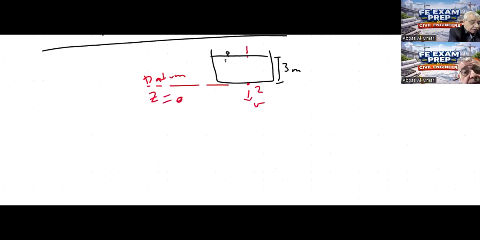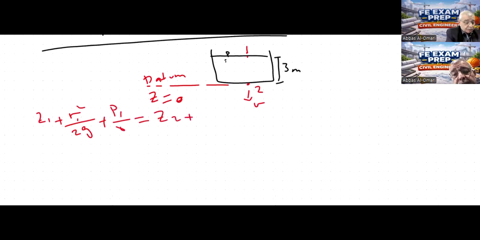Z1 plus V1 square over 2g plus P1 over gamma equals Z2 plus P2 over gamma plus V2 square over 2g.